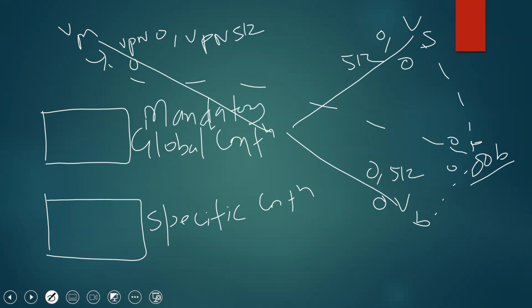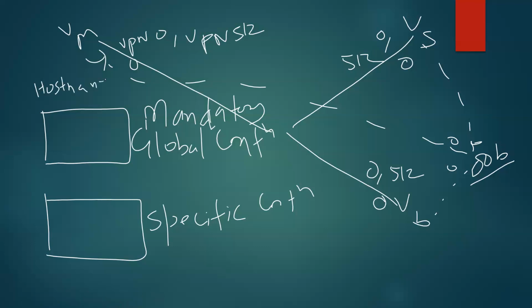Mandatory global configuration means some 4 or 5 lines of configuration you have to put in all the devices, either it's a control device or a data plane device. Okay, so in these mandatory device configurations, you have to define the host name.